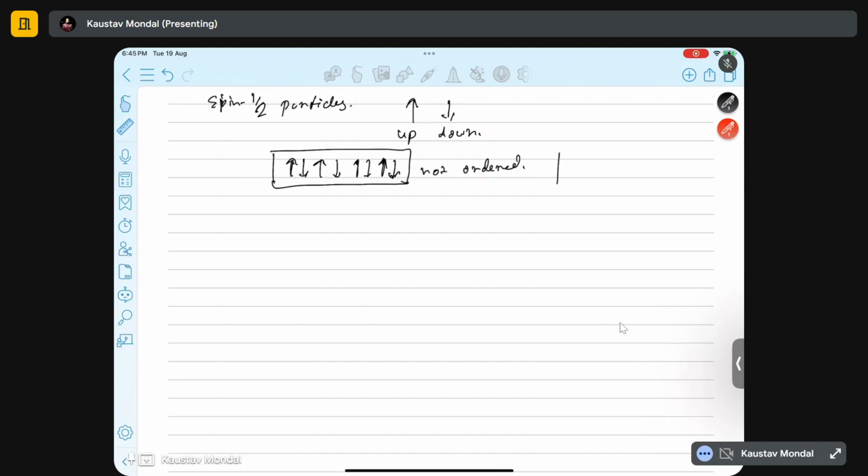And when the particles are ordered with each other, this has low entropy, right? This is ordered.